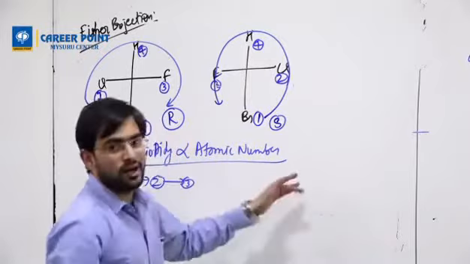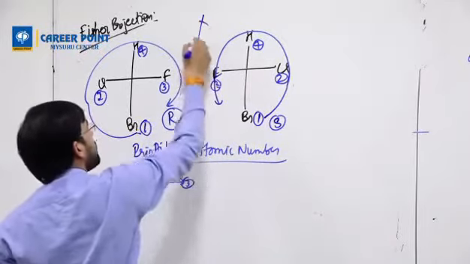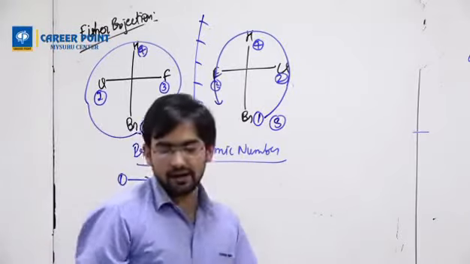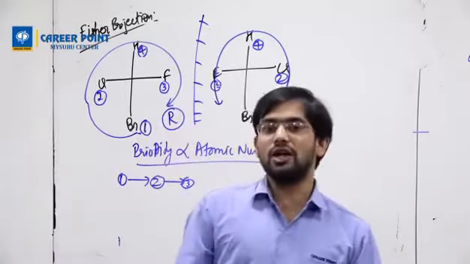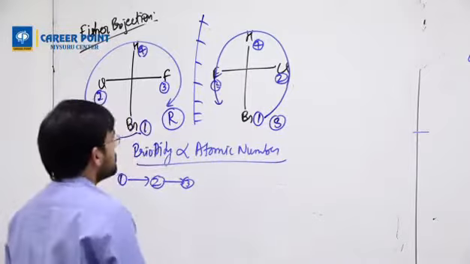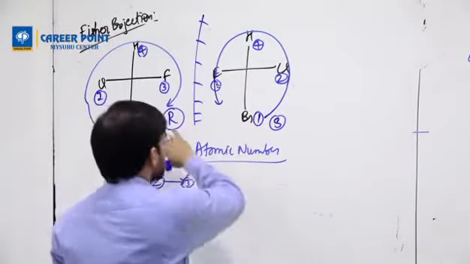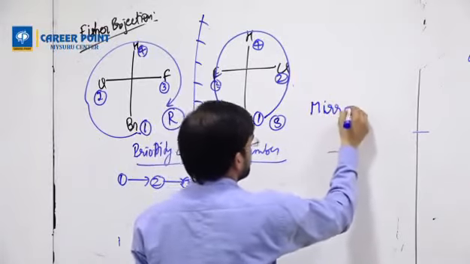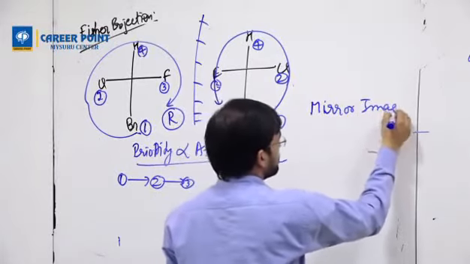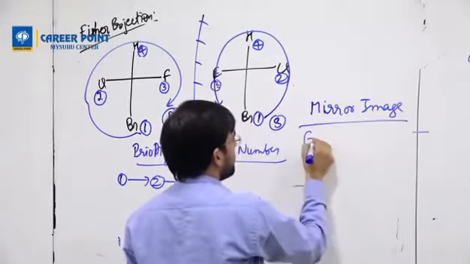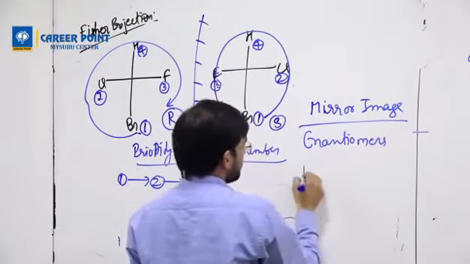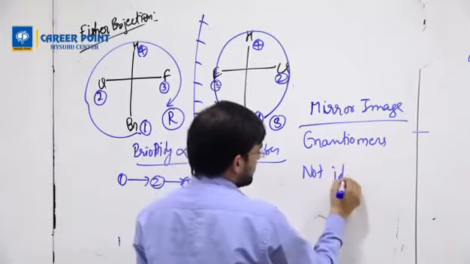One is R, one is S. These two are mirror images. Always, if one is R and another one is S, both are mirror images of each other. So this is R, that is S. If both are mirror images, they are also known as enantiomers. They are not identical.